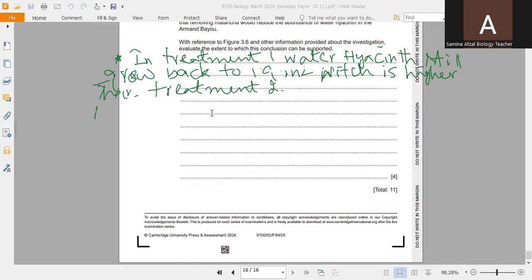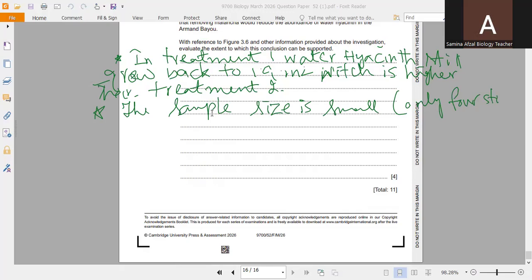The second point here was the sample size is small. There were only 4 study areas for each treatment.